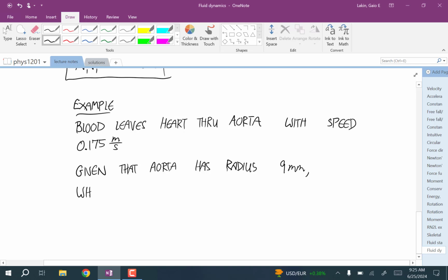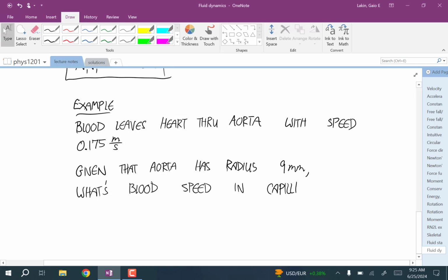Let's calculate what's the blood speed through capillaries, the smallest type of blood vessel that's distributing oxygen in the organs and throughout the body. So what's the blood speed in the capillaries?